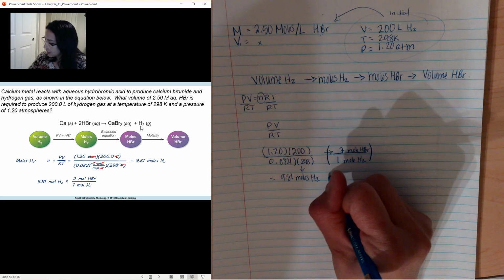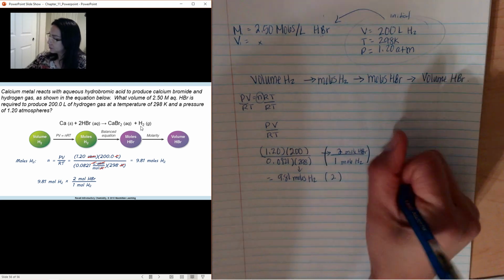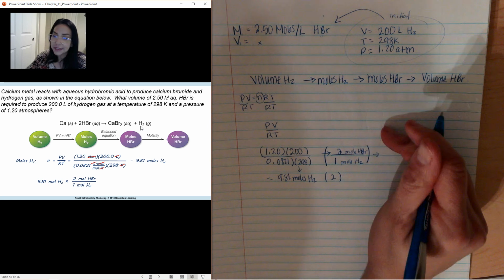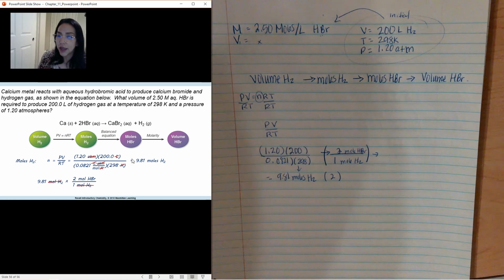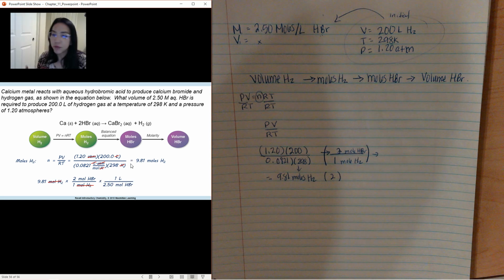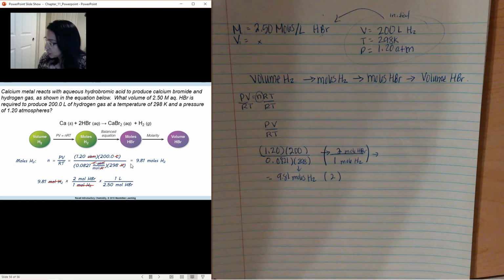2 over 1 is the same as 2. And in the next step, we're going to take our moles of HBr and obtain the volume of HBr by using the molarity. Remember, molarity is moles per liter, and we could easily switch that around.